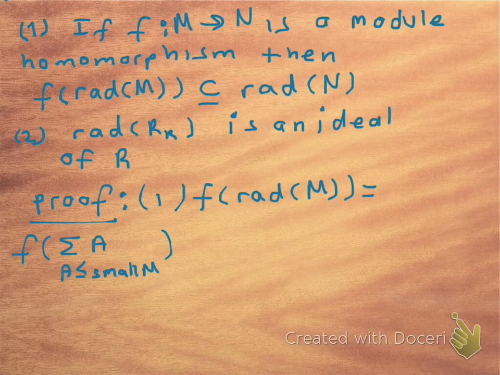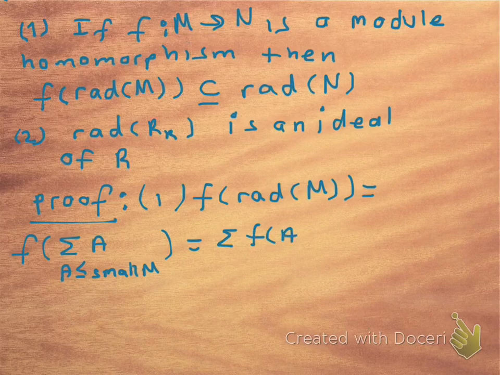So now the image of the radical of M under F is equal to F of the sum of small submodules of M. Now homomorphisms can factor over sums.